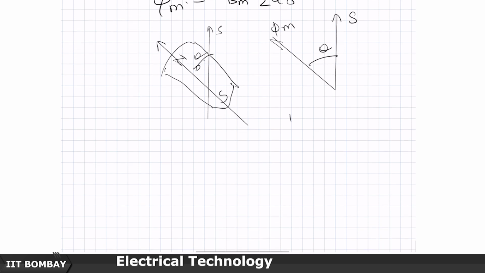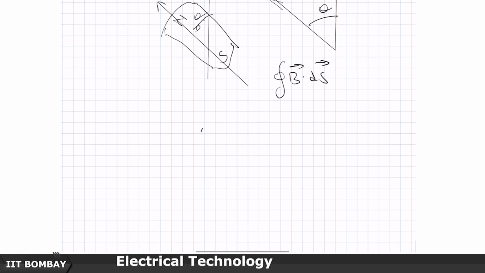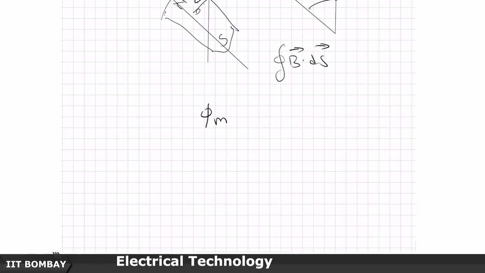Since to calculate the flux you look at the surface integral B dot ds, it is going to be phi m cos of theta.